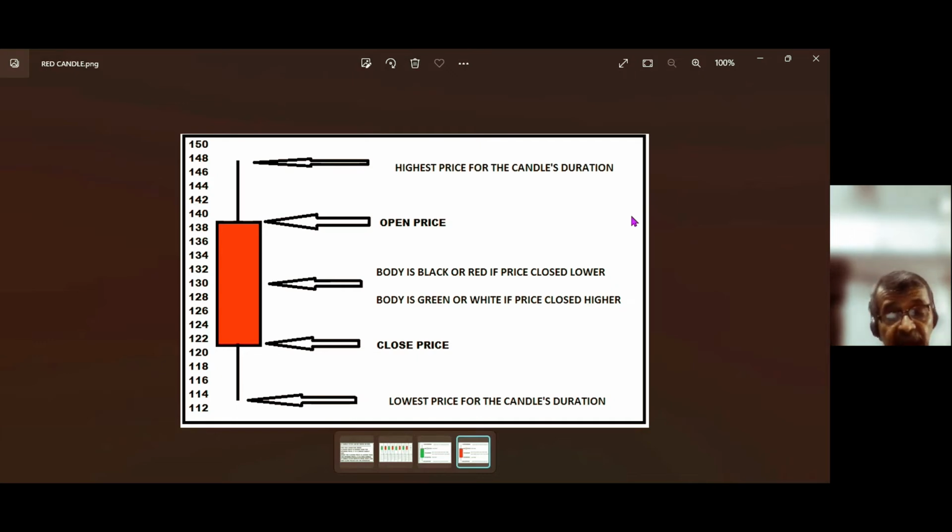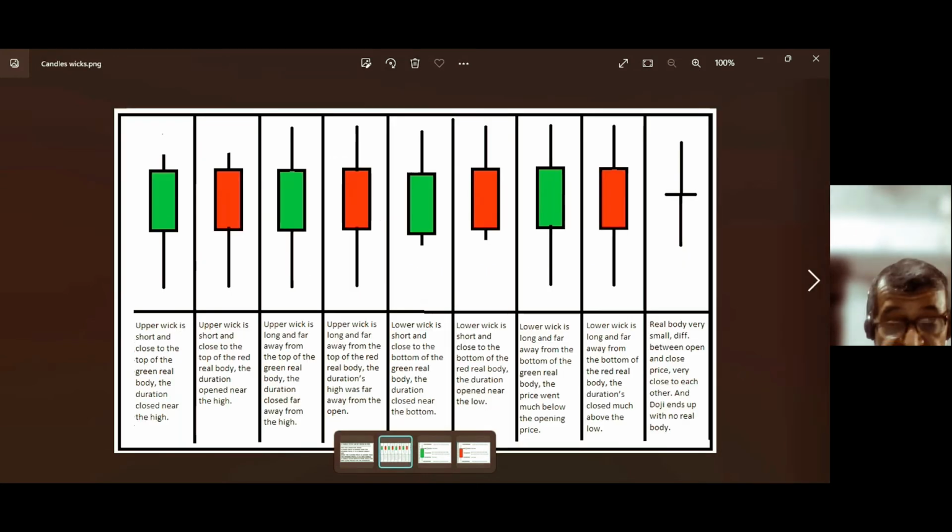Now, candlesticks make various sizes and shapes. You can see in this chart different types of candlesticks.